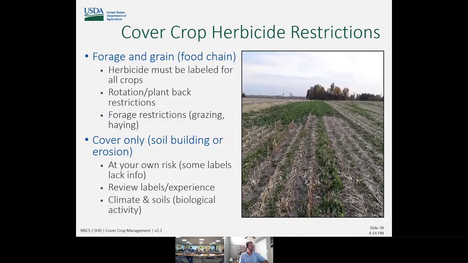Cover crop herbicide restrictions, and I'll be the first to say that I struggled with this as not only a planner and producer. There just wasn't a lot of information out there about cover crop restrictions on herbicides. But you may be working with a producer, and you tell them to plant X, Y, and Z cover crop, and they come in the office a couple weeks later and say, "Well, I planted that cover crop, but half of it didn't come up."